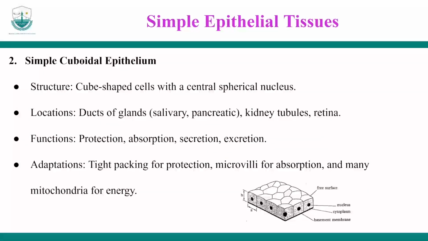Simple cuboidal epithelium. The key word here is cuboidal. We're talking about cells that have a shape like that of a cube. That means that all sides are equal. Each cell has a cuboid shape, and the nucleus is placed in the center.